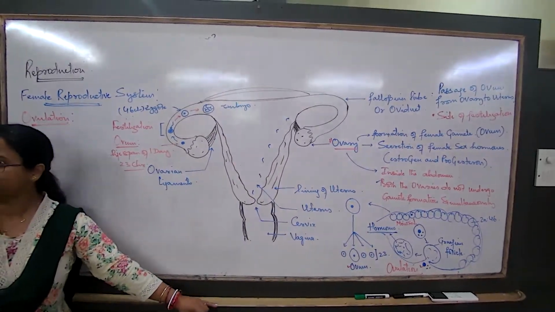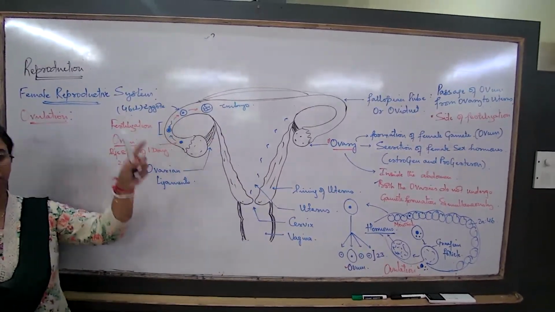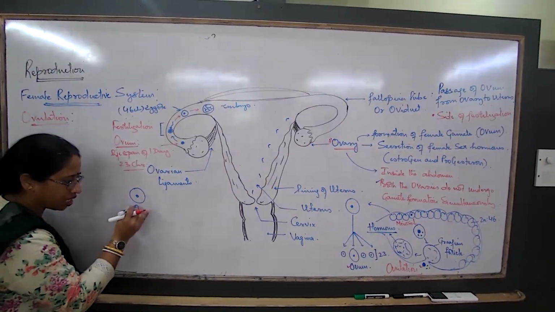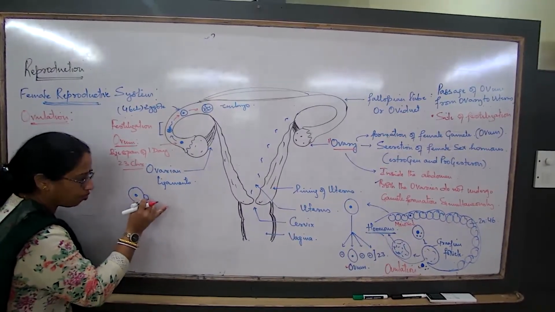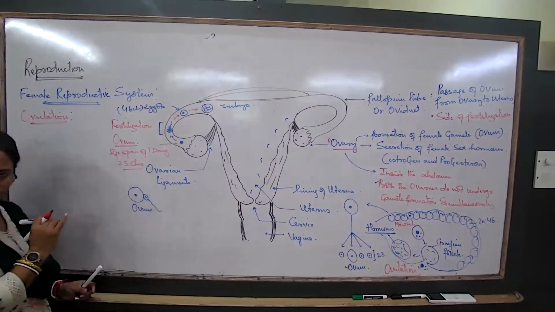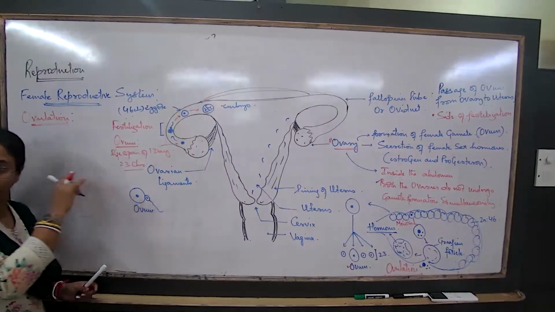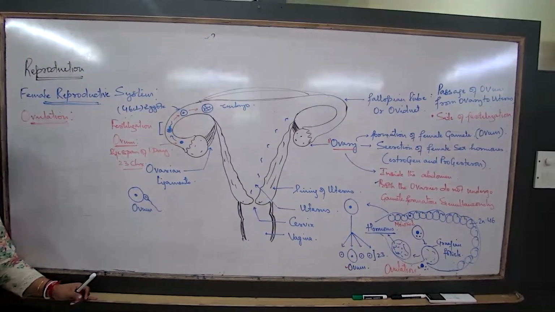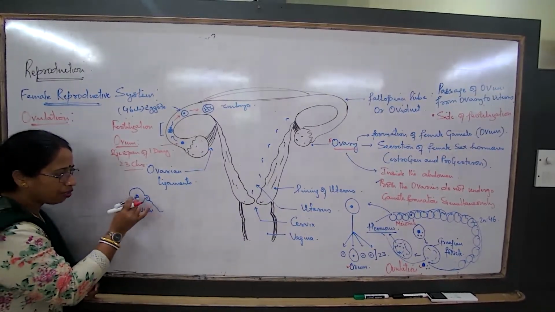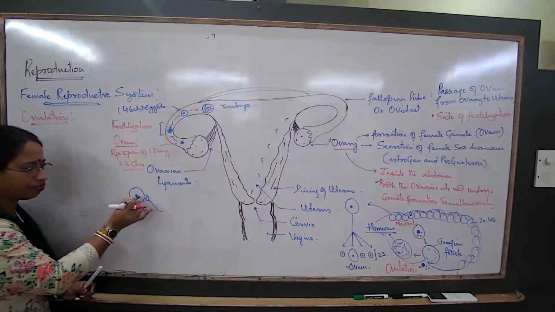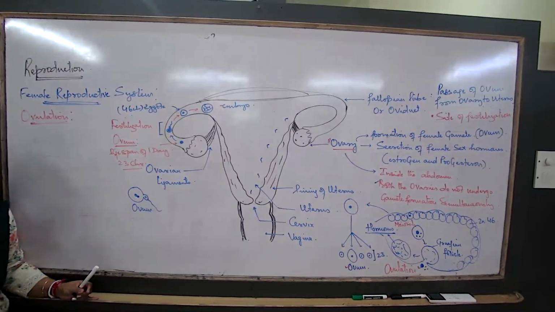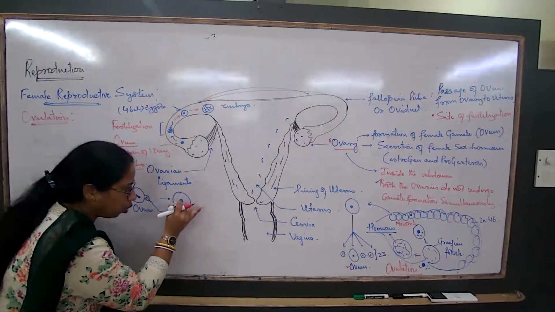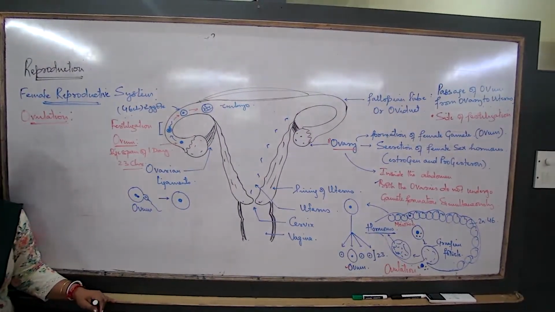Now if I talk about the zygote and the female gamete, what is the difference? I've been saying that this is the female gamete, this is the ovum, and when the male gamete came in contact with the ovum, it is actually the ovum which got transformed into the zygote. During the process of fertilization, the male and the female nuclear parts came together, and as a result, it is this female gamete only which got converted into the zygote.